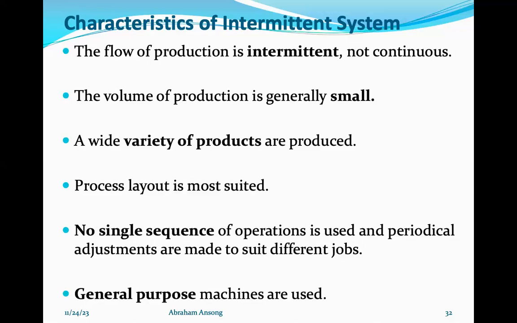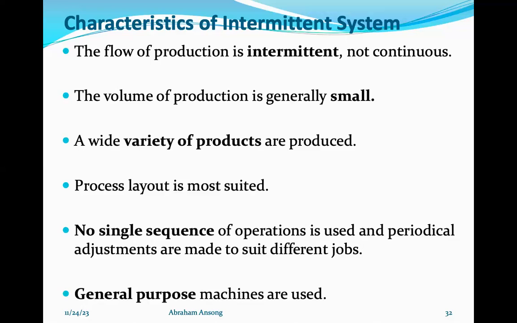So with furniture, if it is not a company that is actually producing mass to sell to the general public, if it's a company that must rely on the orders of their customers, then each furniture is likely to be very, very different based on the specifications of the clients or the customers that will come asking for that type of furniture. Okay, process layout is most suited, all right, for the intermittent system.